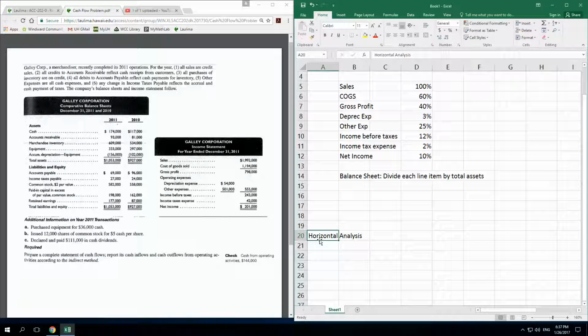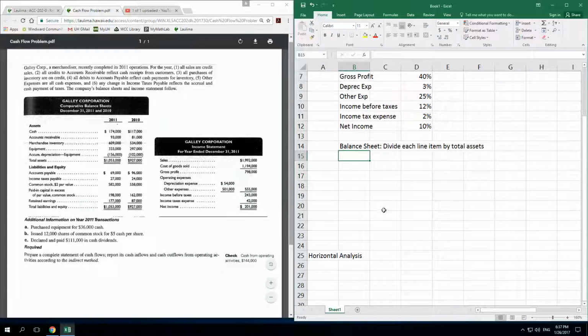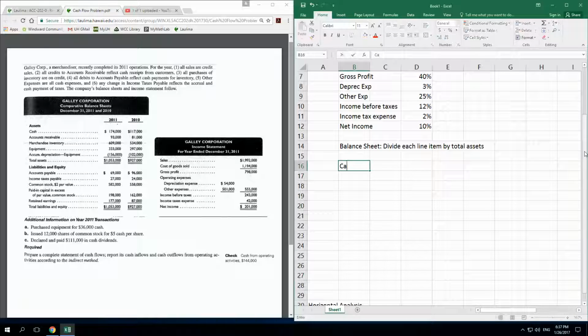Now, when you get to the balance sheet, we're going to divide everything by total assets. So let's see what we've got. I'm just going to run down the list like that. I've got cash, accounts receivable, inventory, equipment, accumulated depreciation, and total assets, which is going to be 100%.